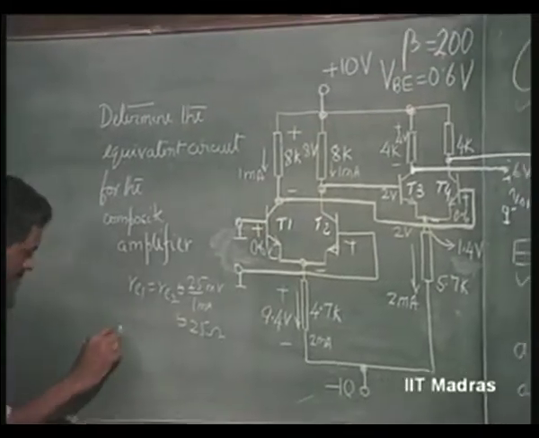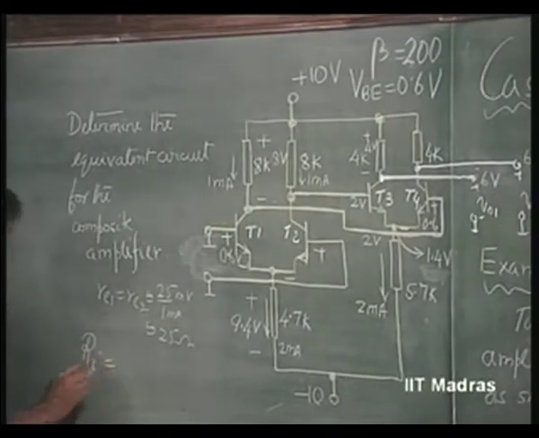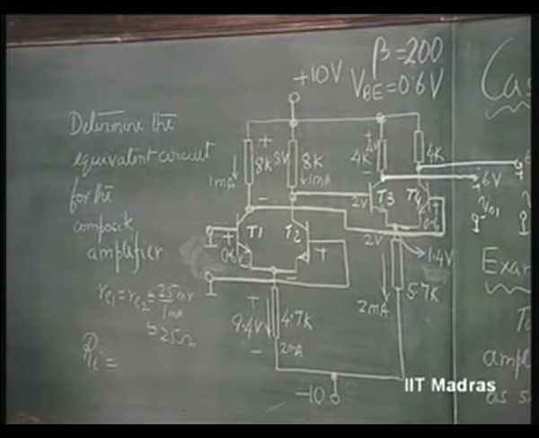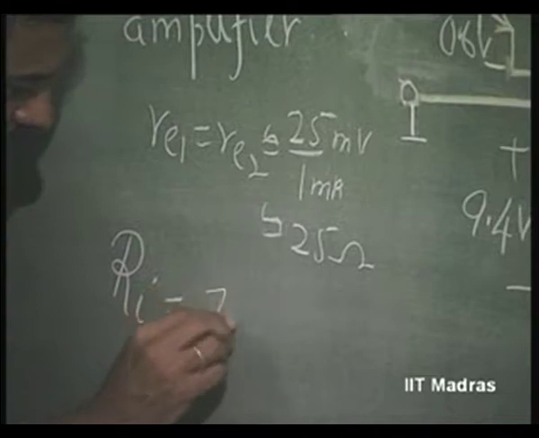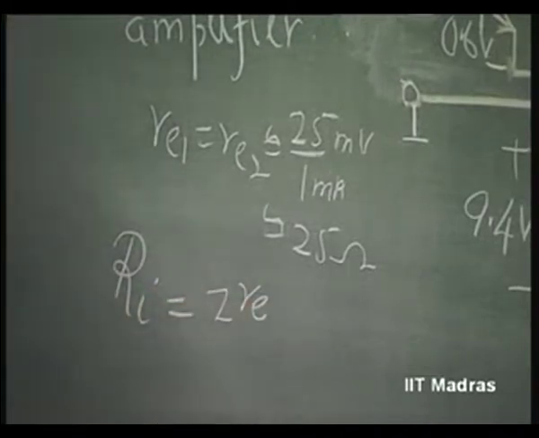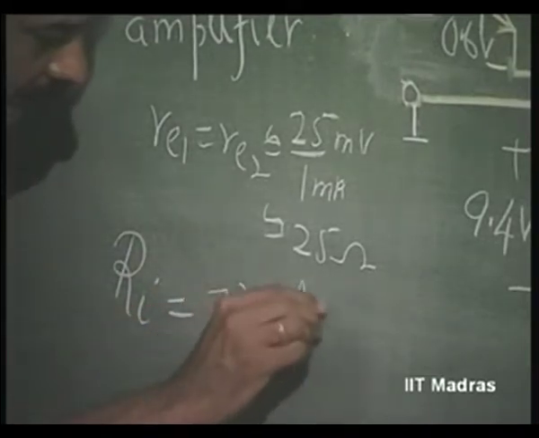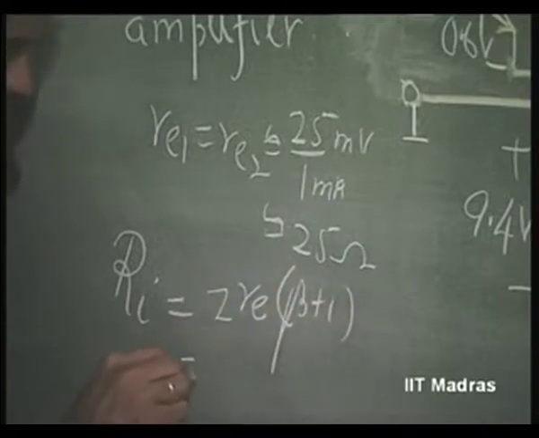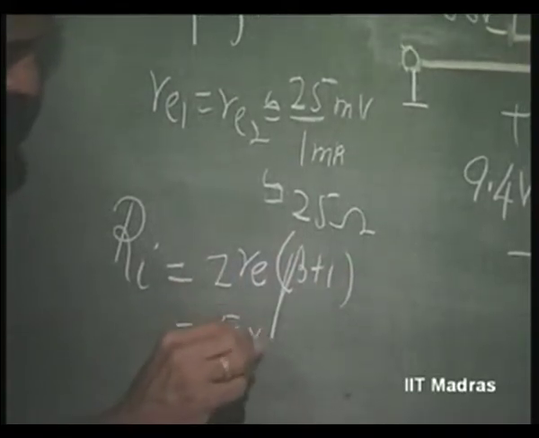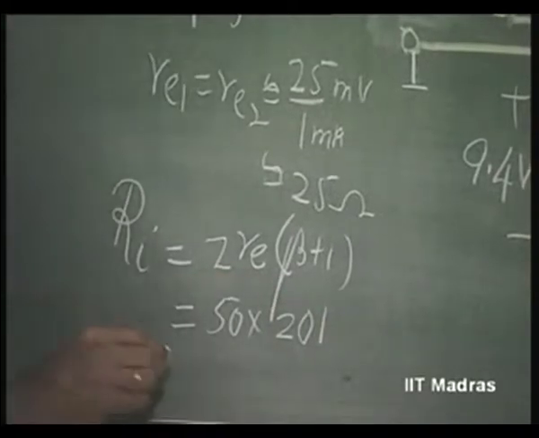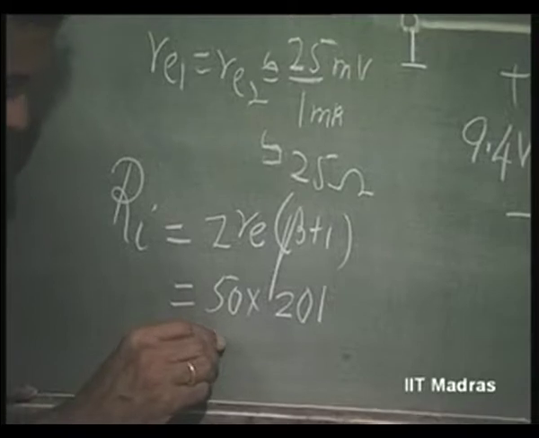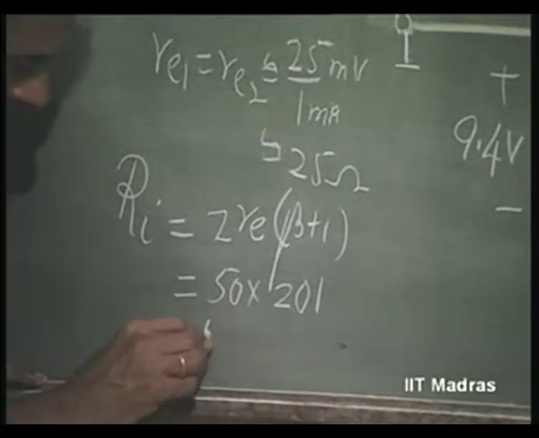So, the input impedance of this is the differential input impedance we are talking of now. If I do not mention anything, it is always assumed that it is differential input impedance. Okay. So, this is equal to 2 RE into beta plus 1. This is 50 into 201. So, this is about 10K.